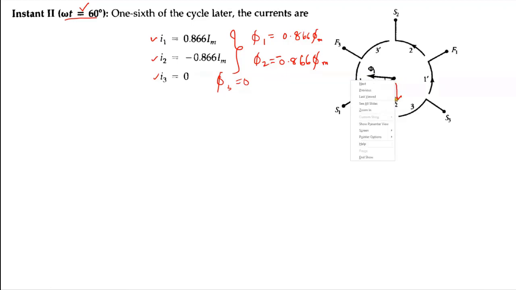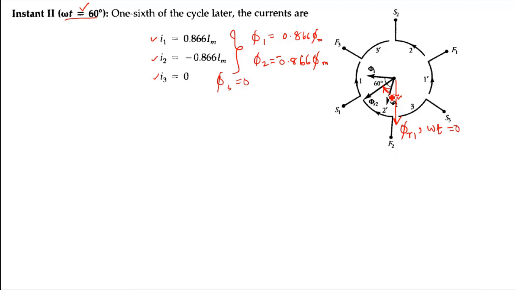Previously your resultant flux was here, and in instant 2 your resultant flux is here. This was at omega t equal to 0. Now when I make omega t equal to 60 degree, your resultant flux has also moved 60 degree, making an angle of 60 degree with phi r1.